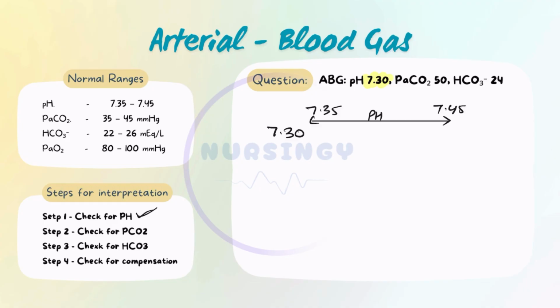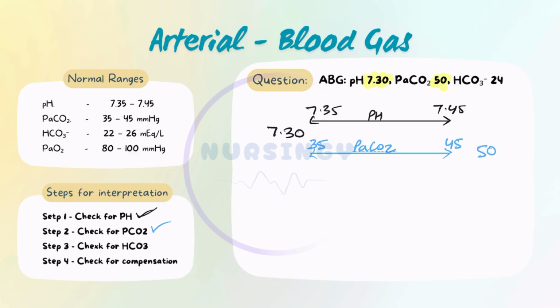Then we will move to the second step, check the PaCO₂. Again, we will put the same line and we will put the normal values, 35 to 45, and that is our PaCO₂. And then what we find is the patient is coming with 50. So that is falling here, outside, more than 45.